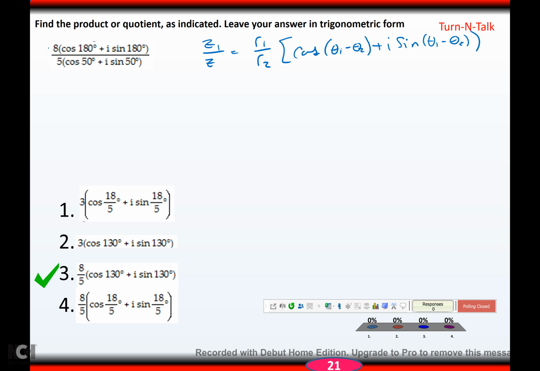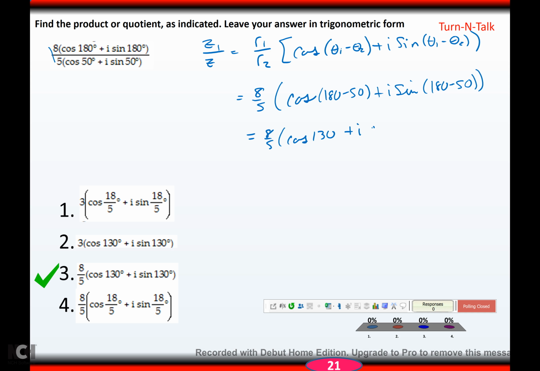So here's my quotient of the r's. So this is going to be 8/5, right? And then this is going to be cosine of theta 1 minus theta 2, which is 180 minus 50, plus i sine 180 minus 50, and that gives me 8/5 cosine 130 plus i sine 130. And there's where they got their answer.